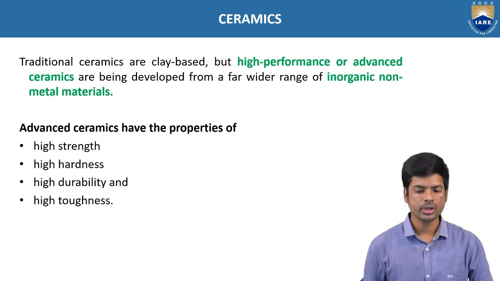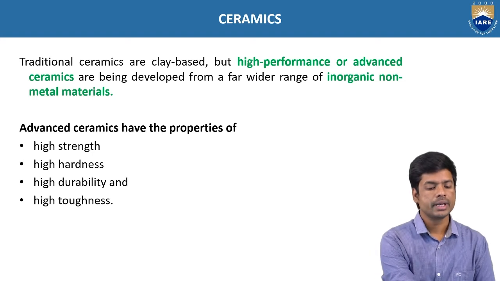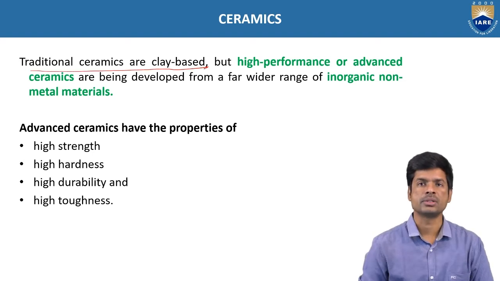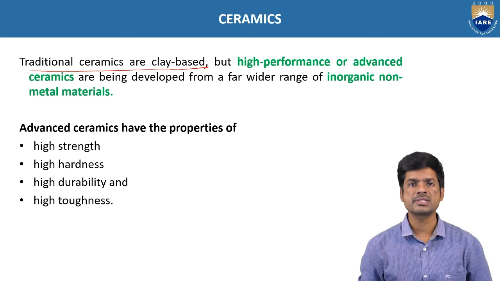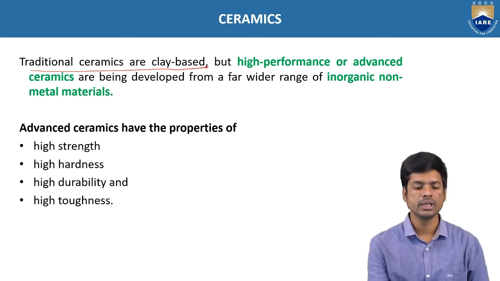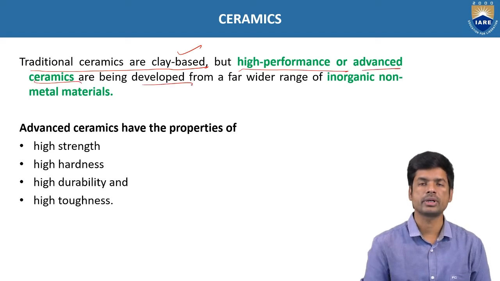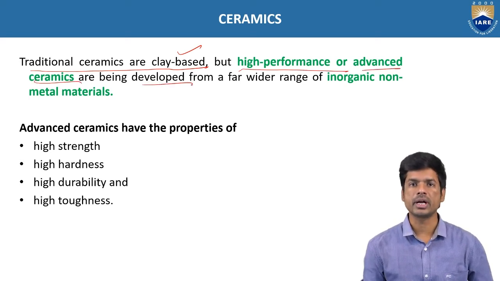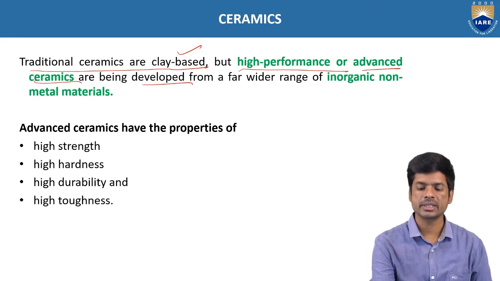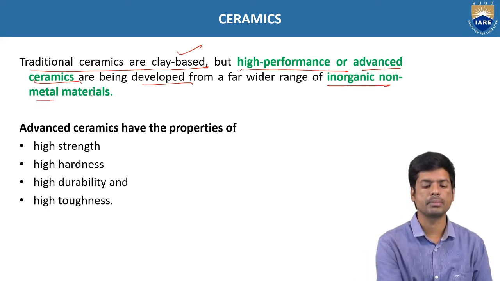Next, traditional ceramics are clay based. In olden days, ceramics were made using clay-based materials only. But nowadays high performance or advanced ceramics are being developed, which contain inorganic and non-metal materials.